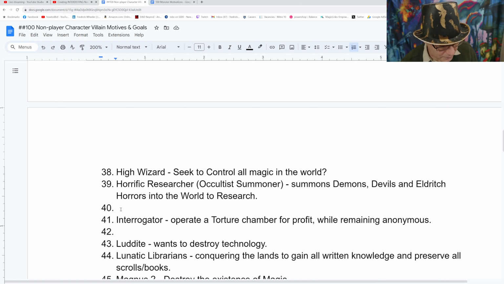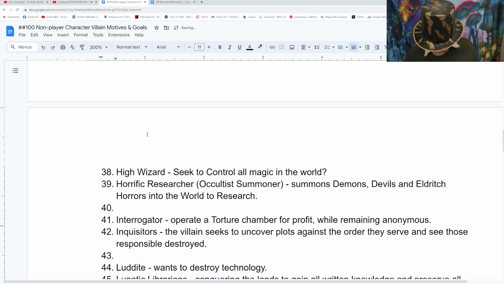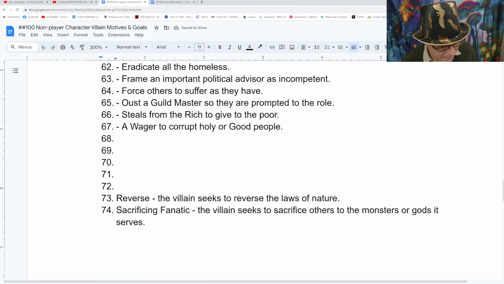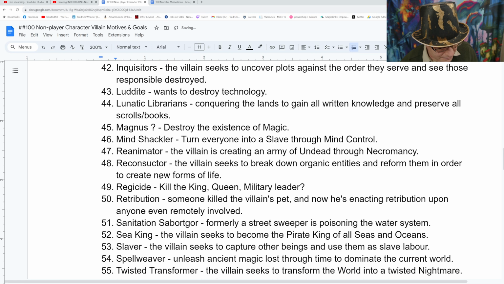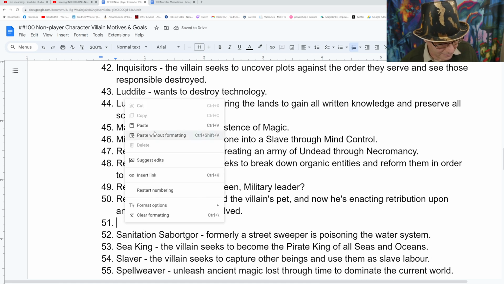All right. Inquisitor. Paste. And where else are we going to go here? We're going to get this reverse. Cut. R for reverse. Reverse. Punctuation. Yes, I know, I'm aware.